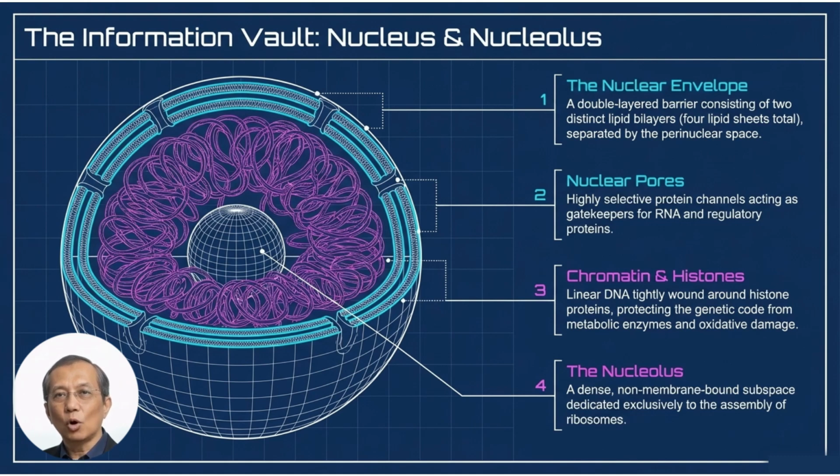Inside, we find chromatin, where linear DNA is intricately wound around histone proteins, offering protection from enzymatic degradation and oxidative damage. A dense, non-membrane-bound subcompartment within the nucleus, the nucleolus, is dedicated to the crucial task of ribosome assembly.